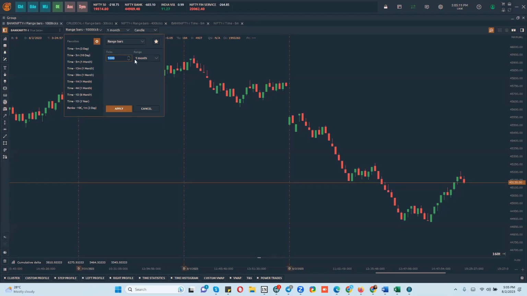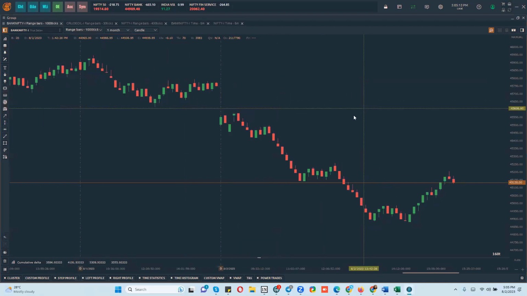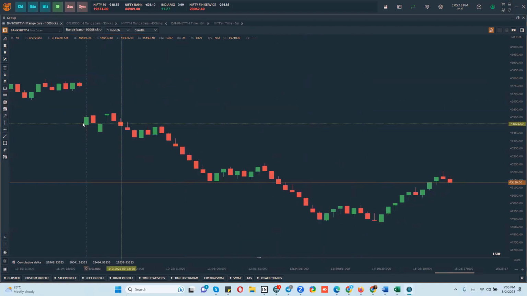So let's look at today. When the market started today, the first 50 points happened in the first minute itself. If you look at the time at the bottom, 9:15, 9:15, 9:15, 9:15.